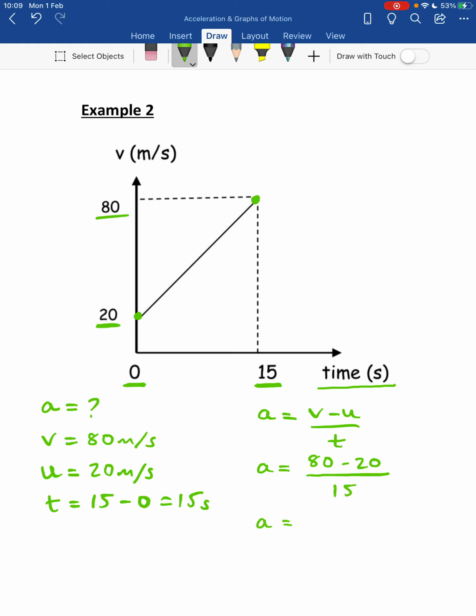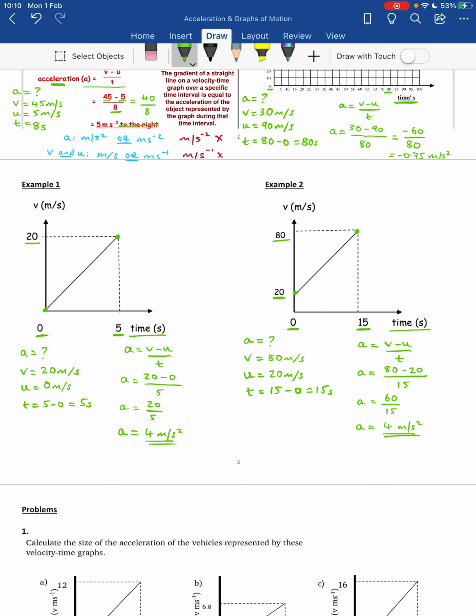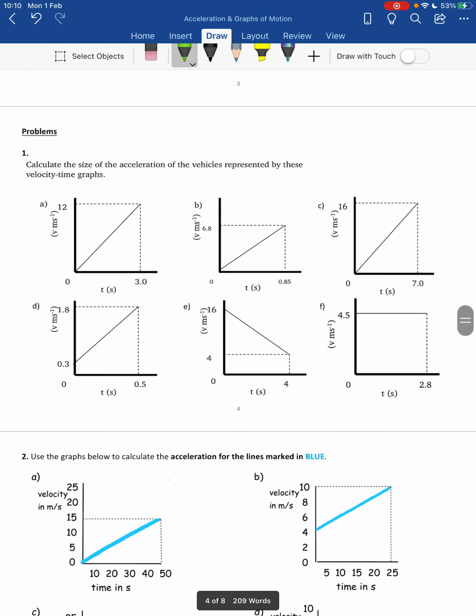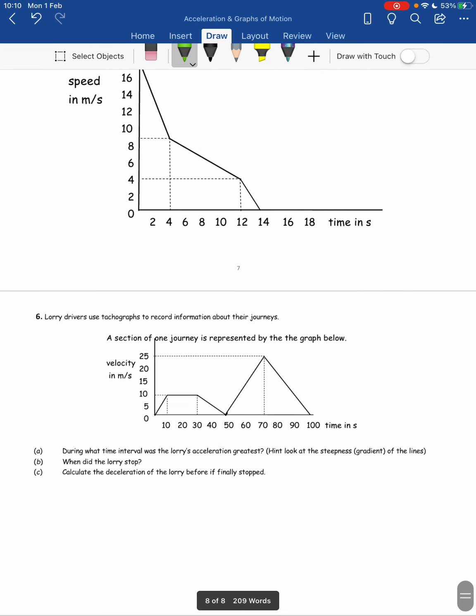I can simplify the top line. 80 minus 20 is 60. That gets divided by 15, which also gives me a final answer of 4 meters per second squared. And again, it should be positive because the line's going diagonally upwards. You can now do the problems on pages 4 and 5 and 6, 7 and 8.